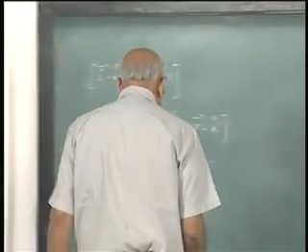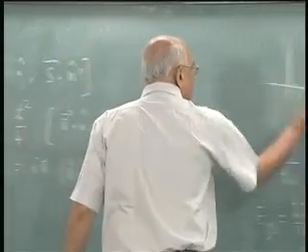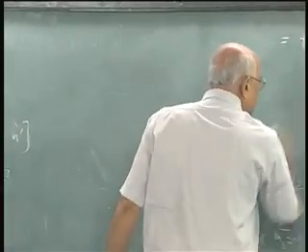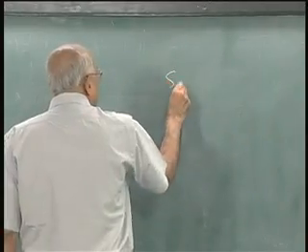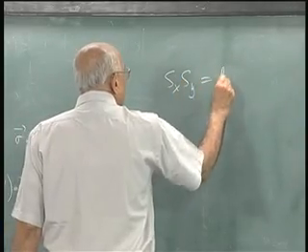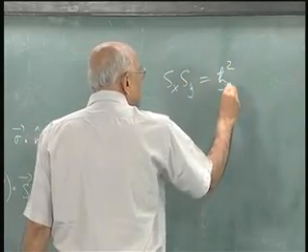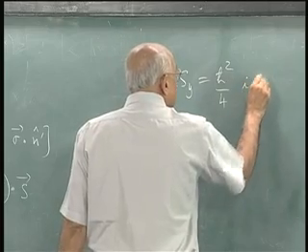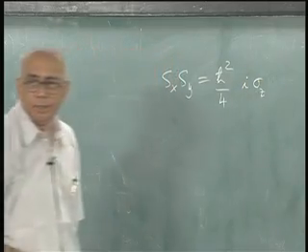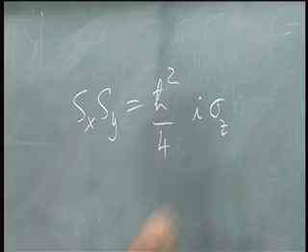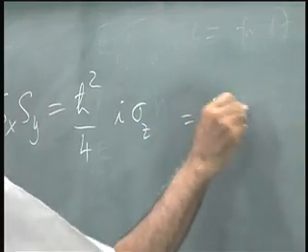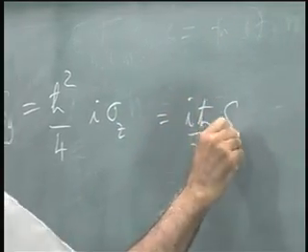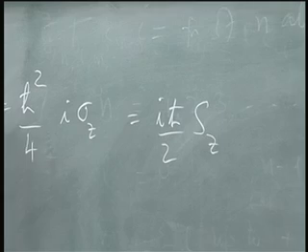Well, it is just a simple trivial exercise understanding what is meant by the basis. So we know that SxSy equals ħ squared over 4 σxσy, but σxσy is iσz, which is equal to i ħ over 2 Sz. We know that.